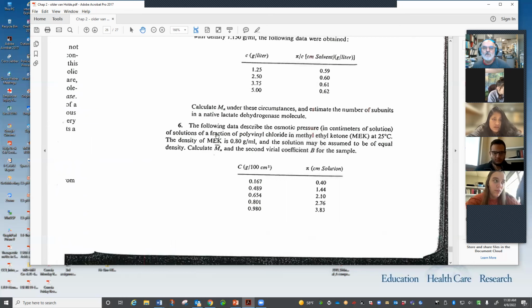And so notice this is a fraction of polyvinyl chloride in methyl ethyl ketone. Okay, so it's a fraction. These polymers are almost never single size. They're a narrow range of sizes, and so what you're going to get out of this is an average value. That's why he's putting down the bar, because it's an average of this fraction. So you take some kind of a cut.